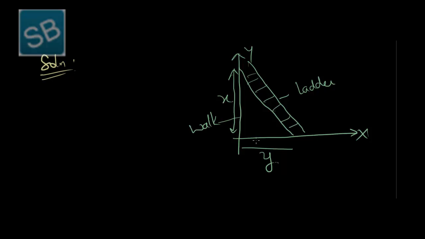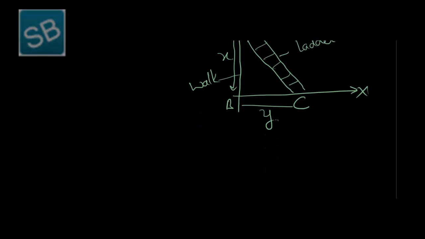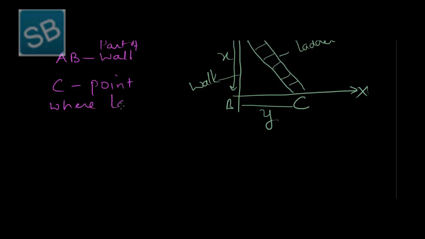So if we see here, we name it as A, B and C. AB is a part of the wall, and C is the point where the ladder touches the ground.